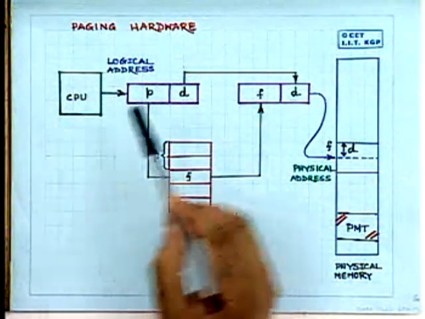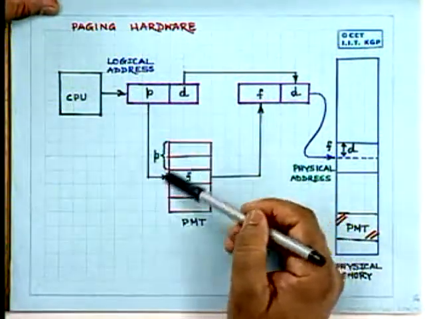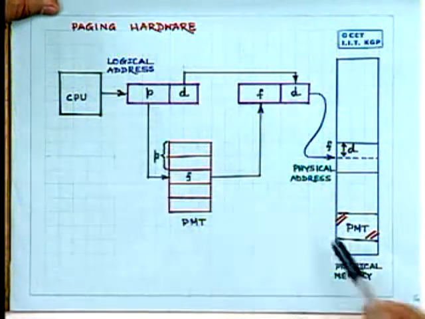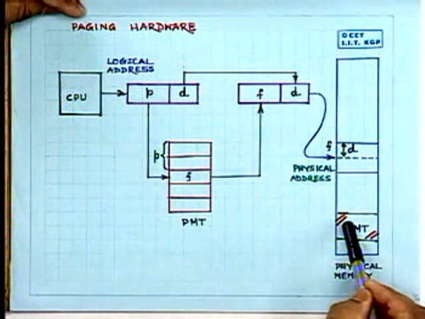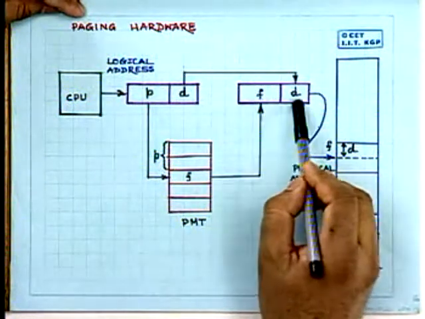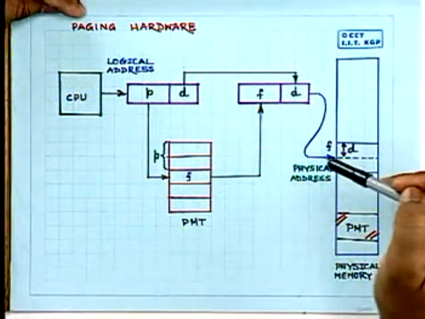When a logical address is generated, first the physical memory has to be accessed to consult the page map table and get the corresponding frame. The frame number is extracted and put into the physical address, and then the physical memory is accessed once more.